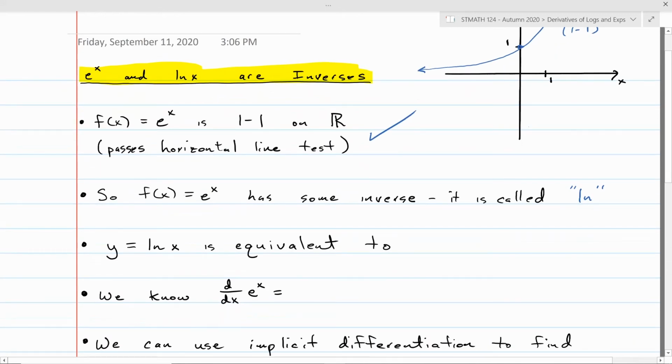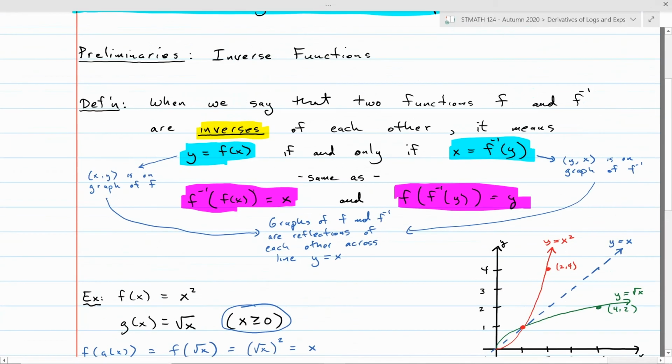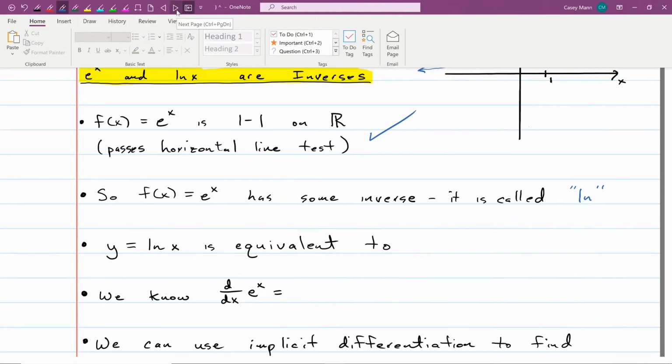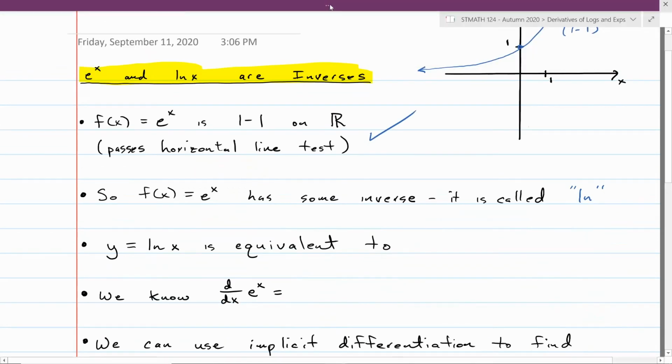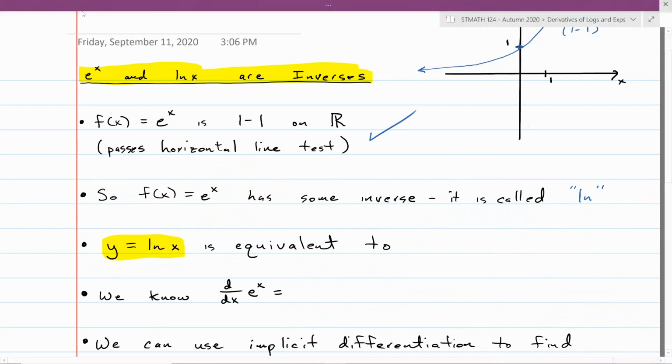All right. So based on our definition of inverses, when you have two functions that are inverses of one another, f and f inverse, then these two blue equations are equivalent to one another. That's what that means. And so if we said y is equal to natural log of x, well then its inverse has to do the opposite of that.